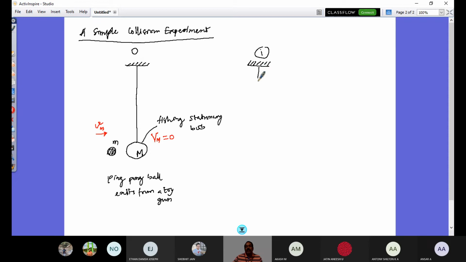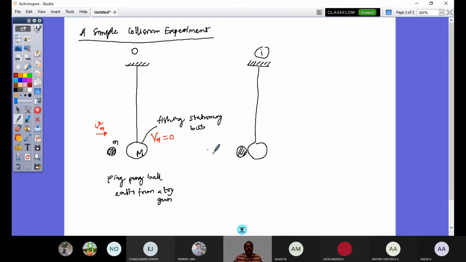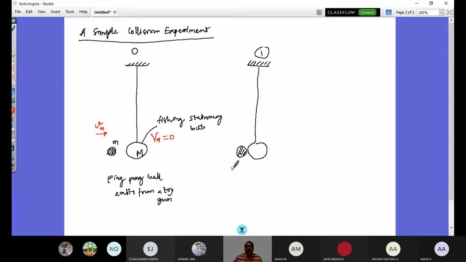So at the time of hit, and just after the hit, I will have the ball and the bob, and their velocities just after the hit would be small v dash. Anything with the prime, that is after collision.